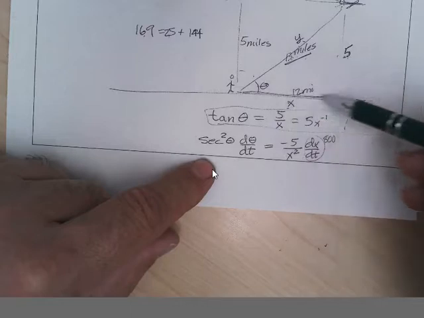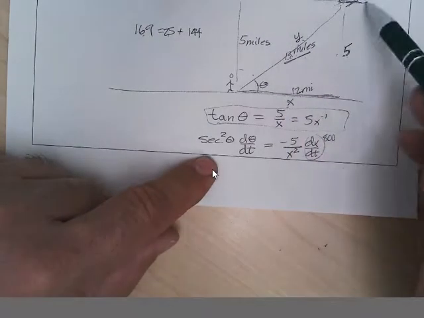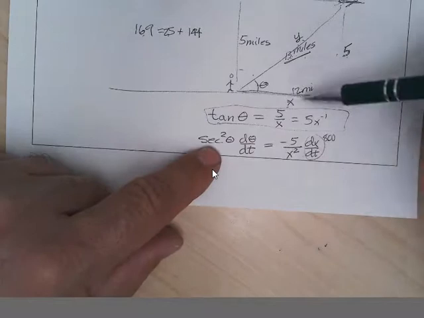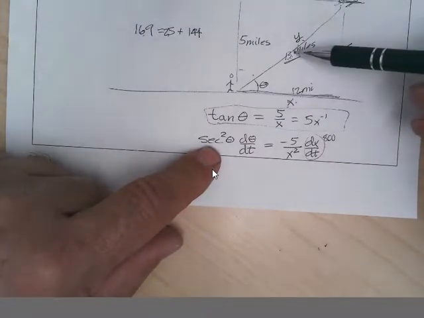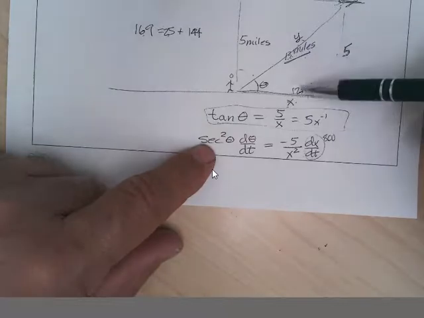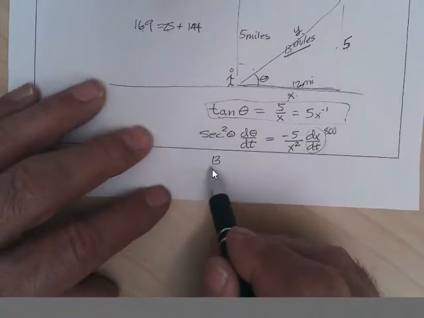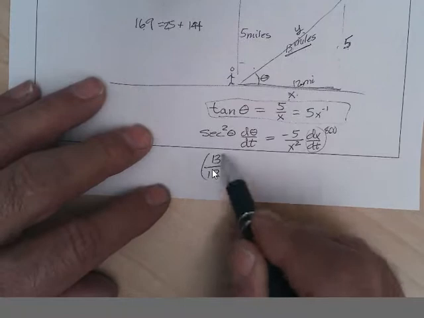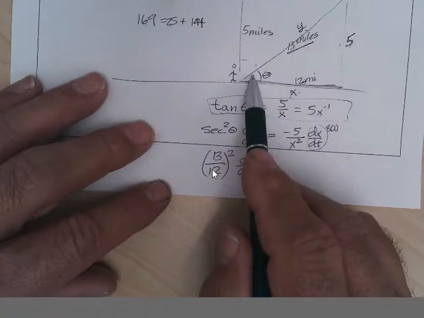This is always changing at 800, because that's how fast the plane is flying. And the secant is not the cosine, which would be 12 over 13, but it's 13 over 12 squared. So we got 13 divided by 12 squared d theta dt, which is what they wanted to know.